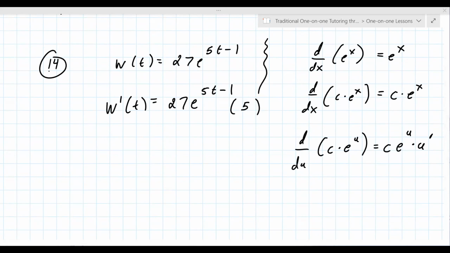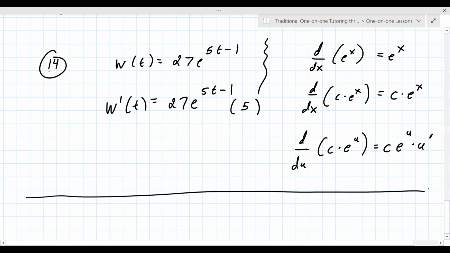So W of t, W prime of t equals 27 e to the 5t minus 1 times 5. Okay. All right. What else do you think is a really important one for me to remember?